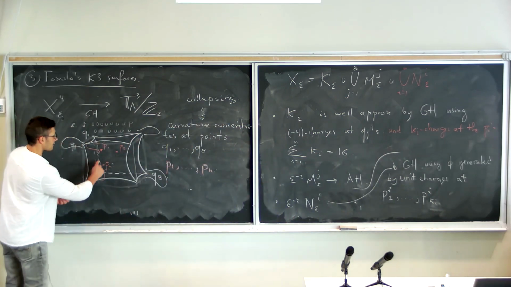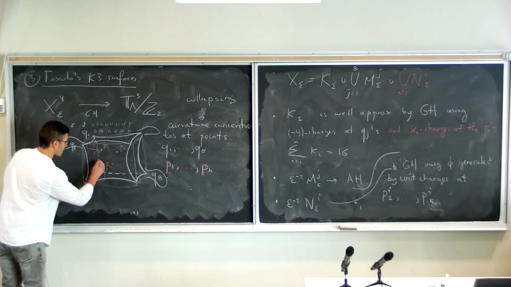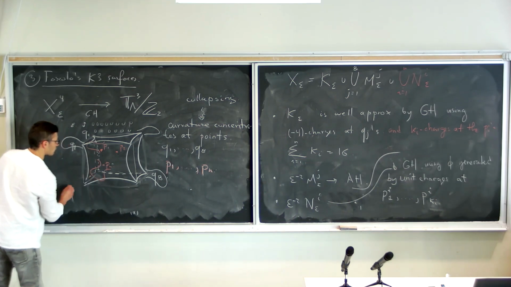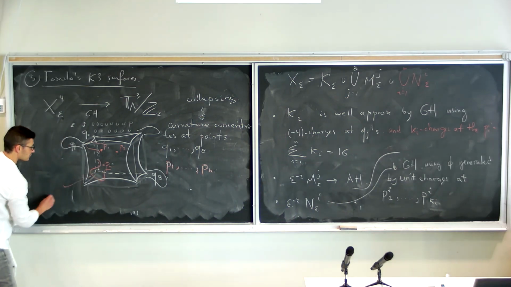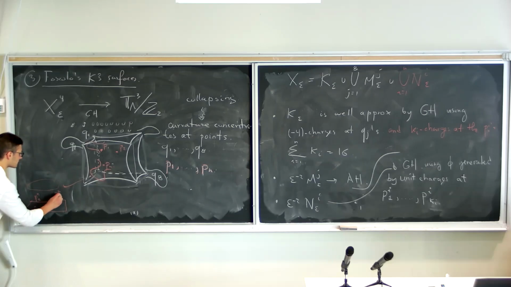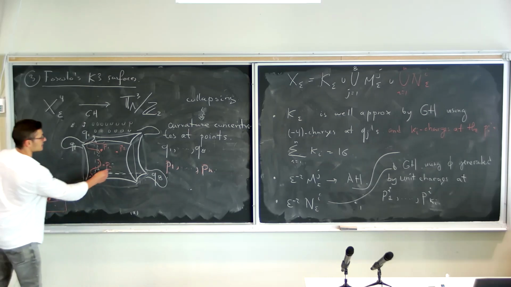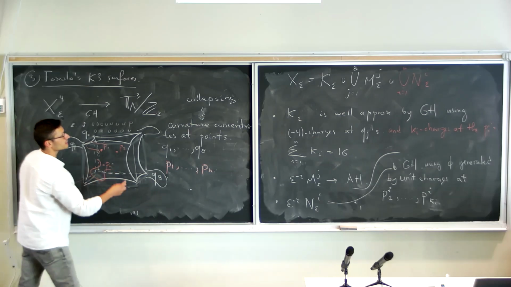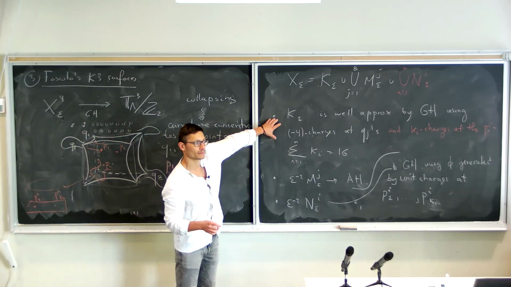This red guy, for example, will eventually converge to something that you obtain over R3, constructed by given P_n1 up to P_nKn. And Kn is the charge at this point in the construction of K epsilon. Okay.